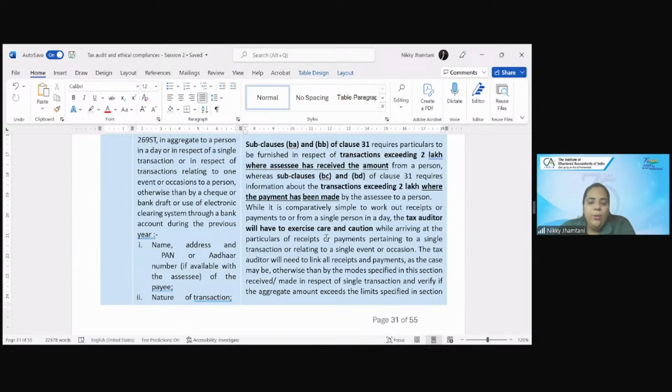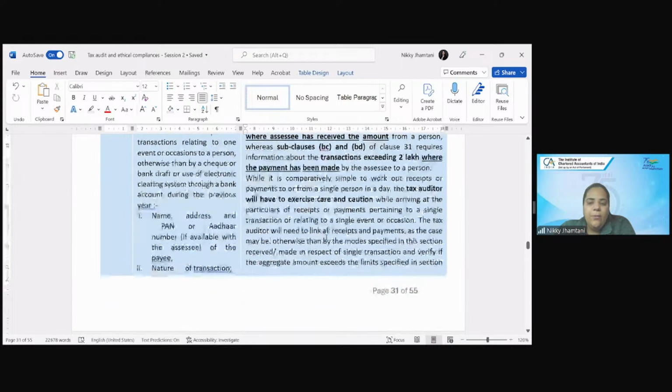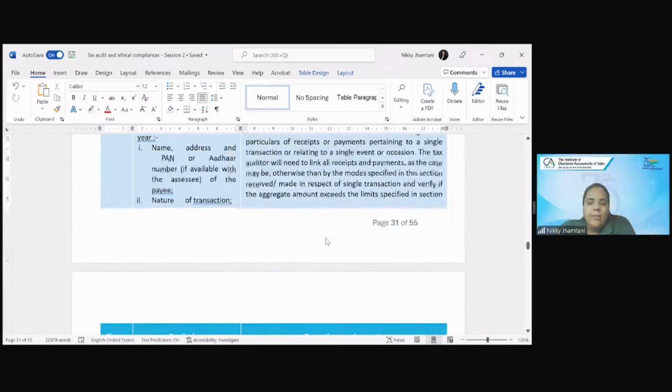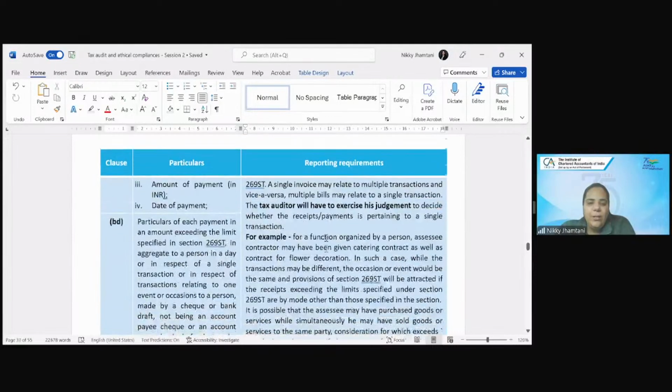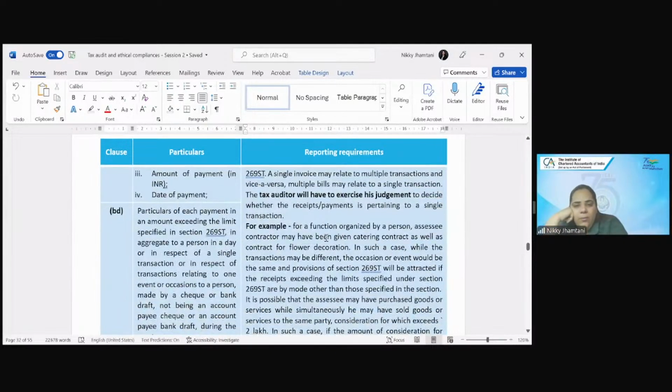While arriving at the particulars of receipts or payments pertaining to a single transaction or relating to a single event or occasion, the tax auditor will need to link all receipts and payments, as the case may be, otherwise than by mode specified in this section, received or made in respect of single transaction, and verify if the aggregate amount exceeds the limit specified in section 269 ST. A single invoice may relate to multiple transactions and vice versa.